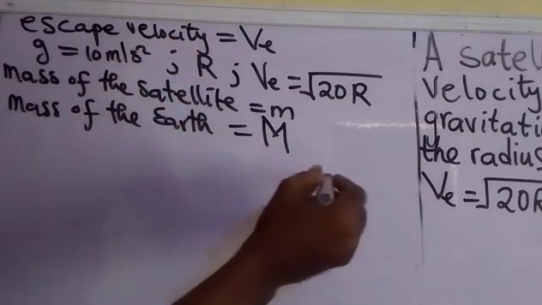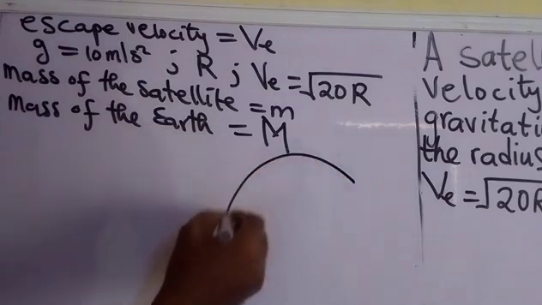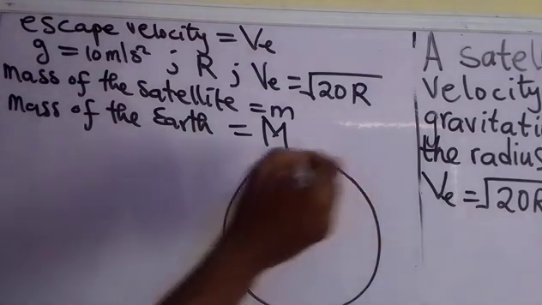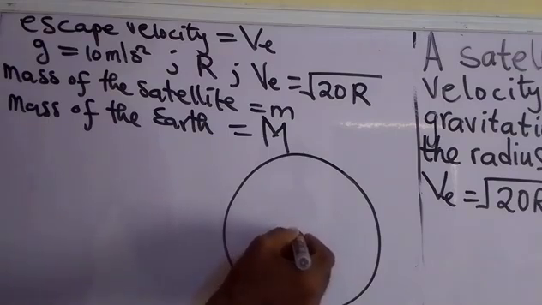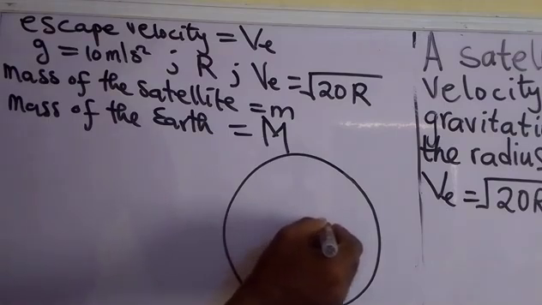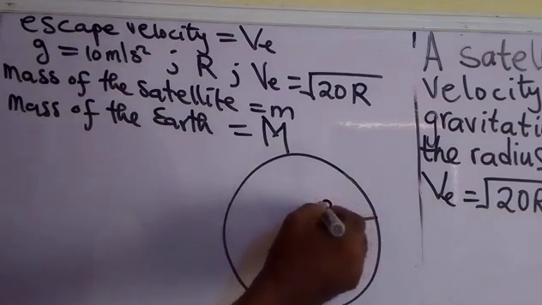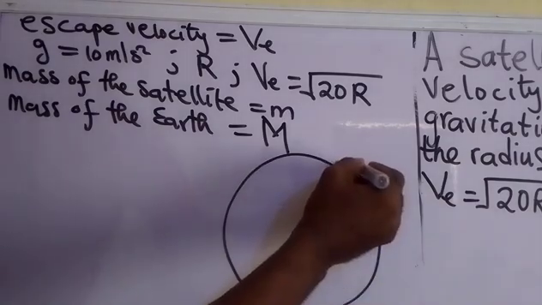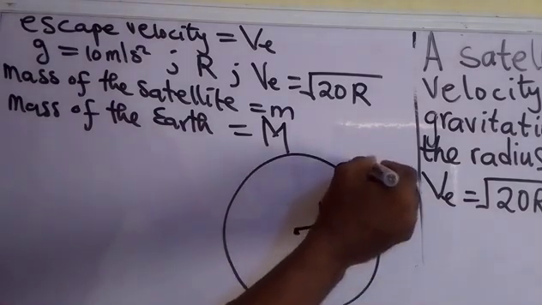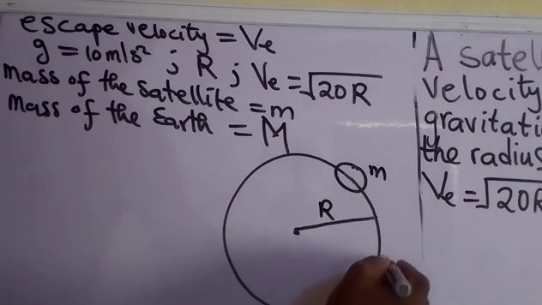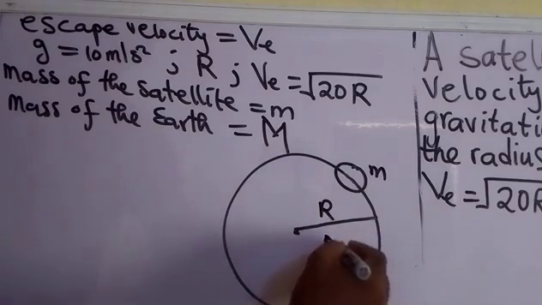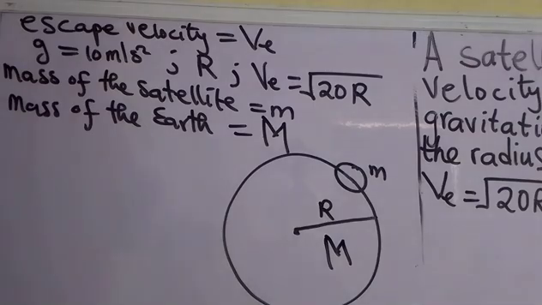Now assume a rough sketch. Here is the Earth, here is the center. The distance from the center to the circumference of the Earth is the radius of the Earth. And on this circumference you have this satellite whose mass is small m. And of course this is the Earth whose mass is capital M.